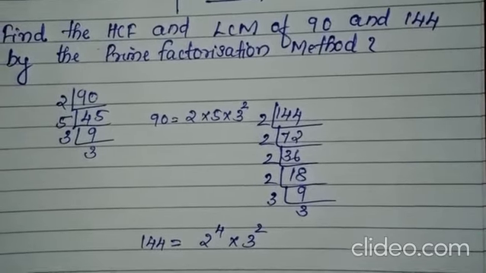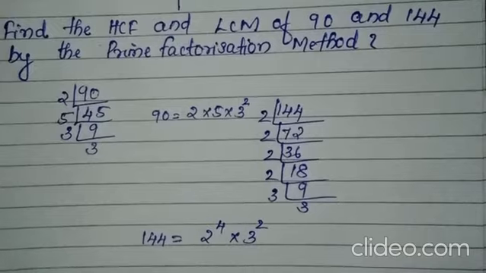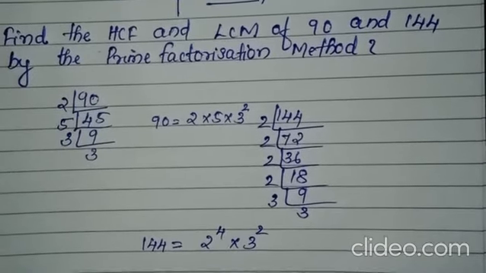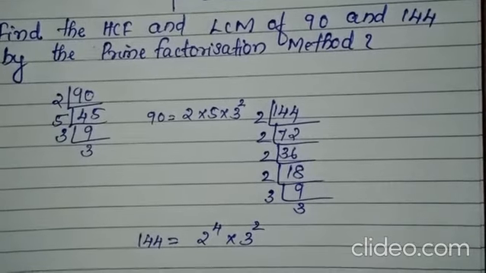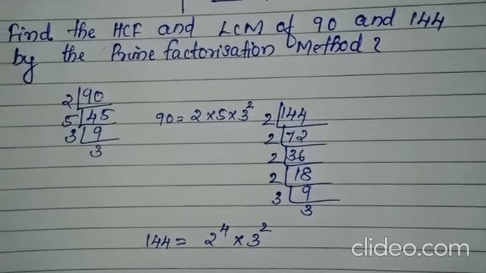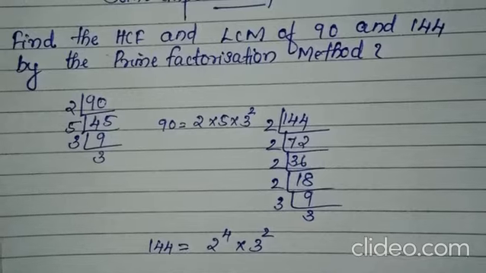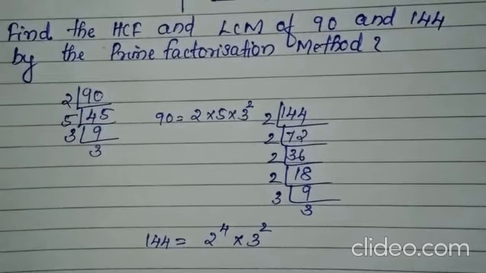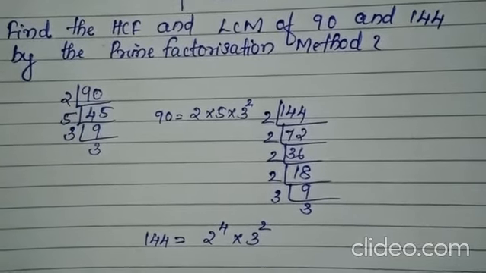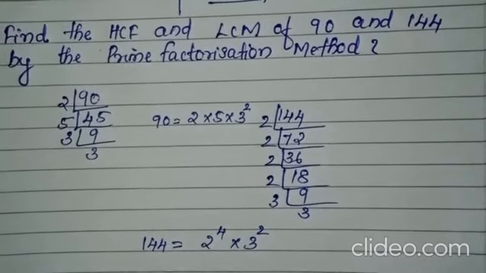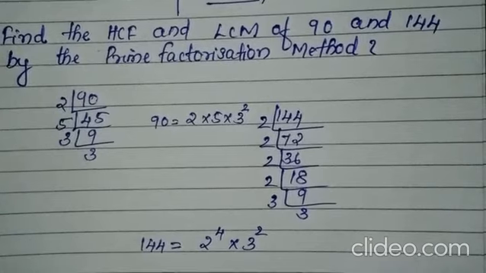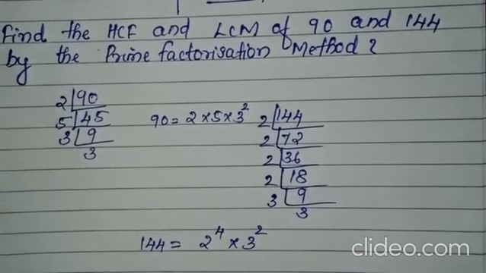To find the HCF, we list the common prime factors and the smallest exponent of 90 and 144. In this case, which are the common prime factors? That is 2 and 3, is it? So, the least exponent of 2 is 1 and least exponent of 3 is 2.